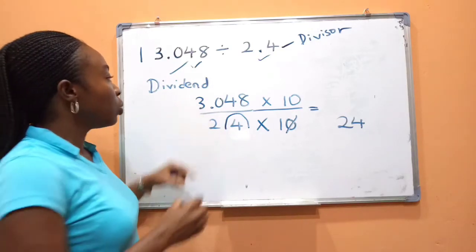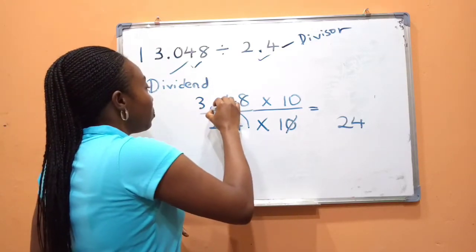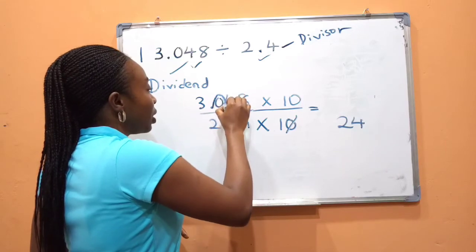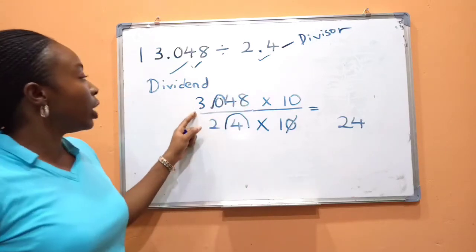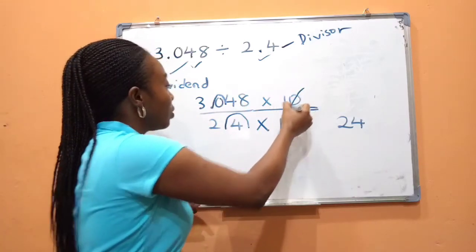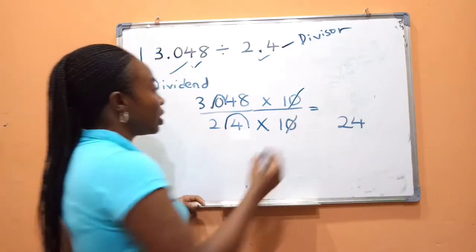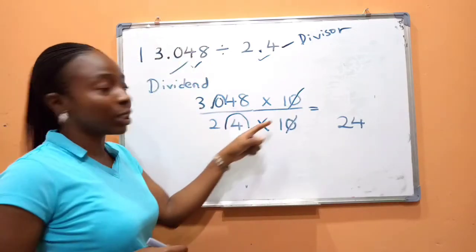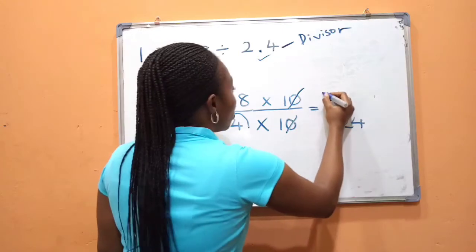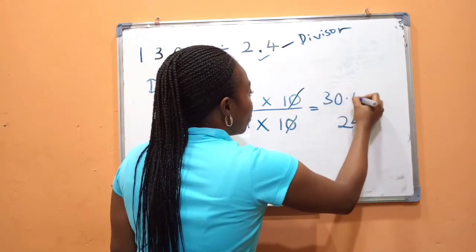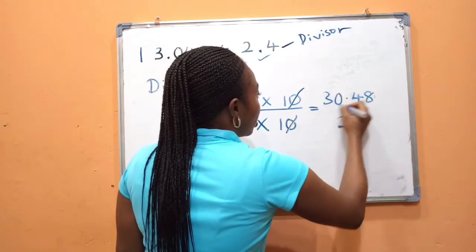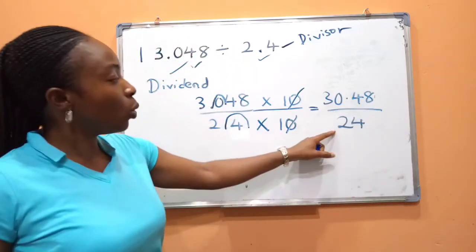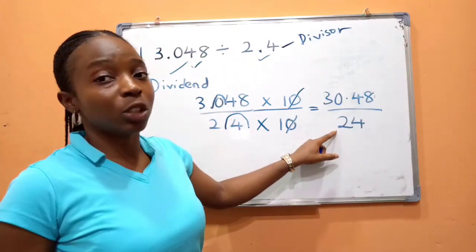In doing this one, we are going to move this point to the right hand side. So when we do that, this cancels out, and we'll be left with 30.48 times 1, which gives us what? 30.48. And now we have a whole number. Okay, it becomes easy to divide.